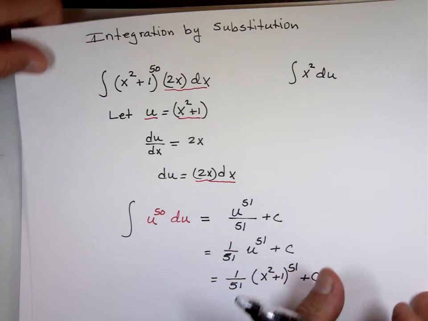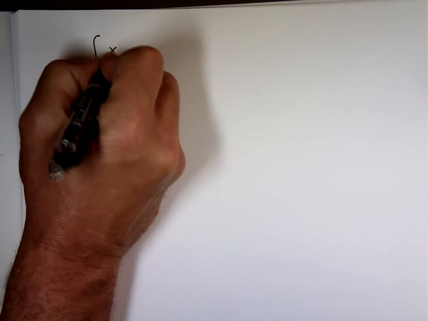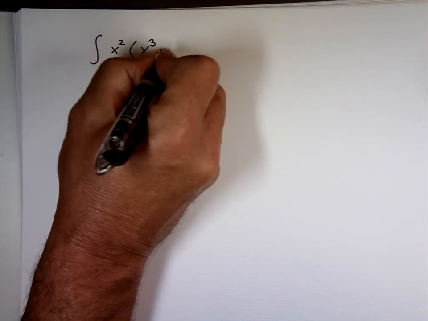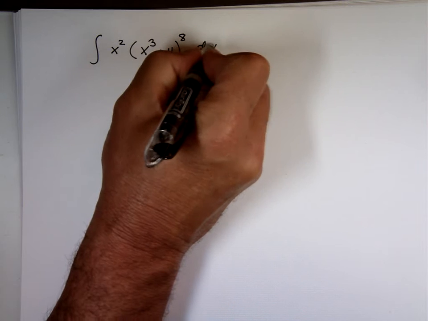Let me try another one. The integral of x squared times x cubed plus 4 to the power of 8 dx.